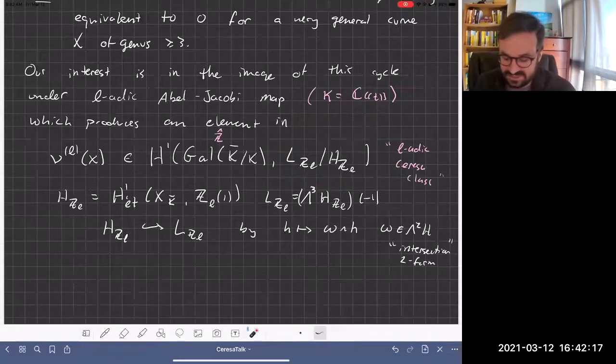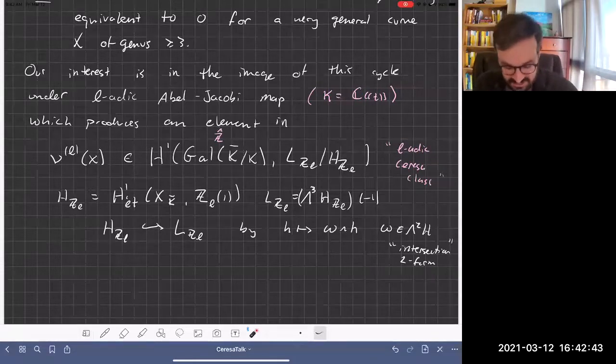We'll see when we get to the topological setting a better interpretation for what the space is. If you're coming from topology, this might look familiar. It's the target of the Johnson homomorphism, and we'll see how that comes up in the topological setting.